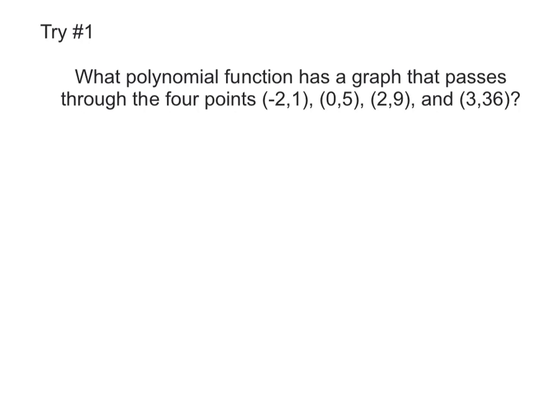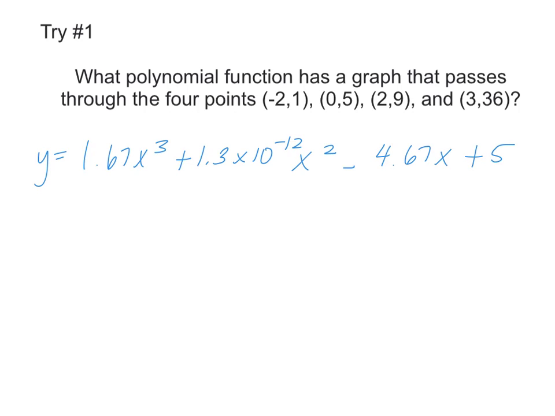If I round to the nearest hundredth, that would be 1.67x cubed plus 1.3 times 10 to the negative 12 x squared minus 4.67x plus 5.